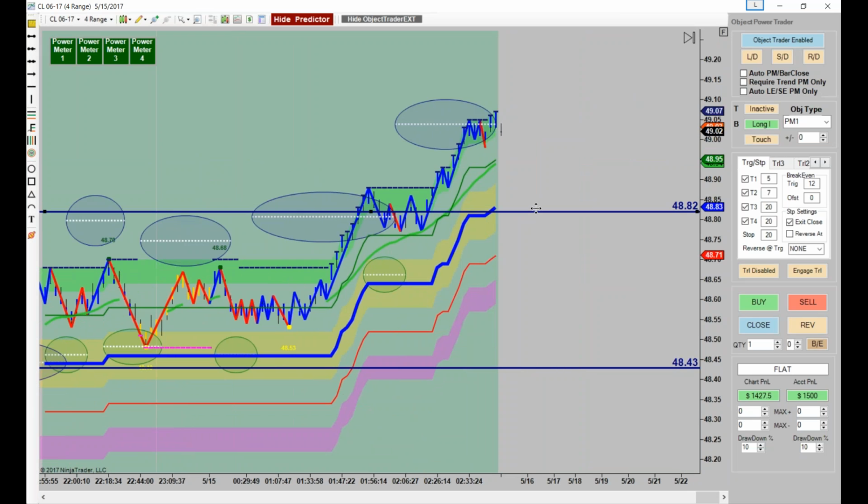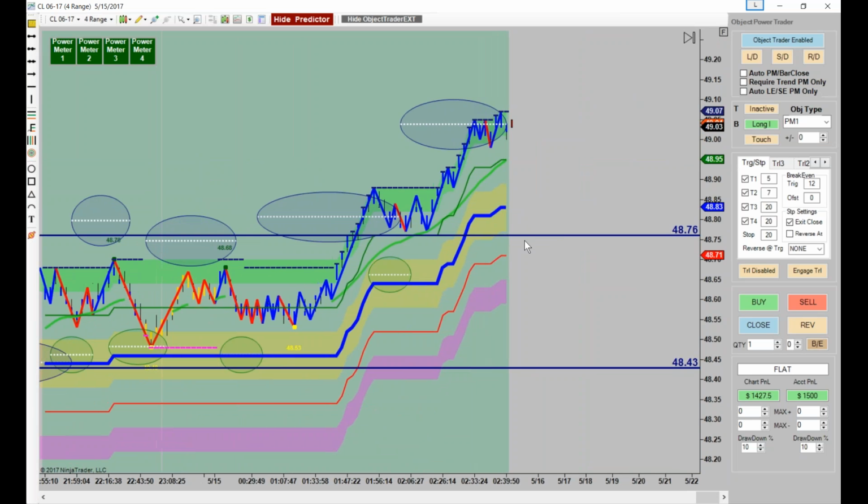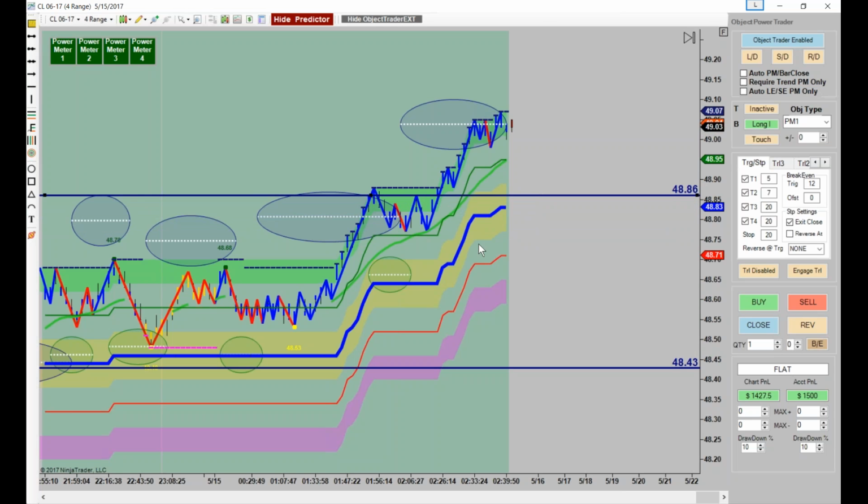Predictors will usually draw, as a rule, on these lower ones right around mid-band and possibly as low as phantoms. But I'd expect a predictor to draw right across this area right here. Let's draw a little box and see if our predictor draws right in through there. I'm predicting where the predictor will draw.